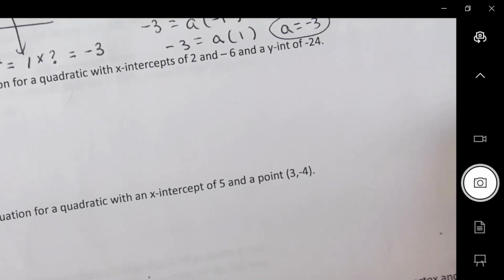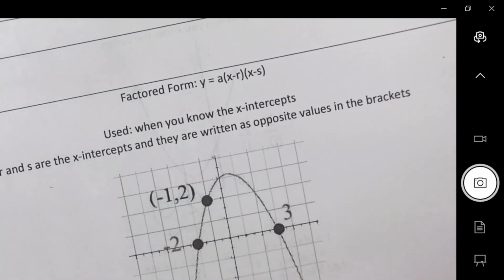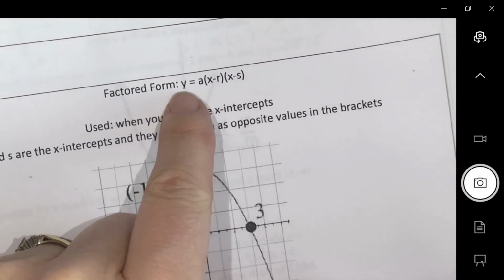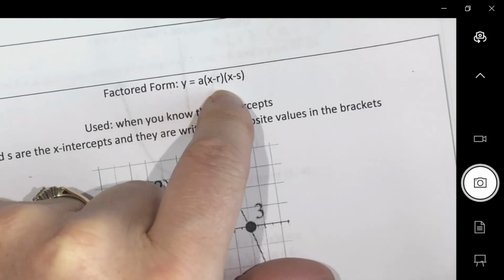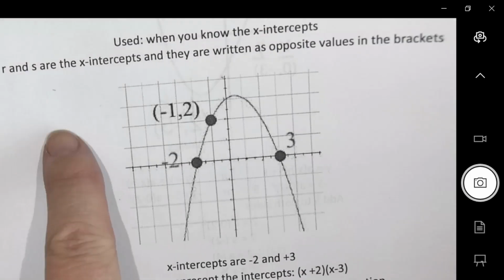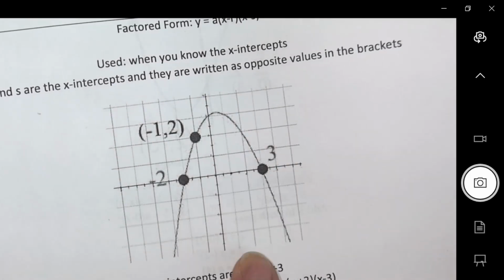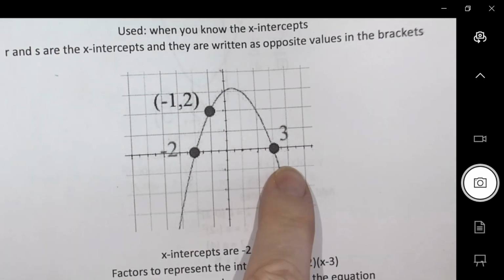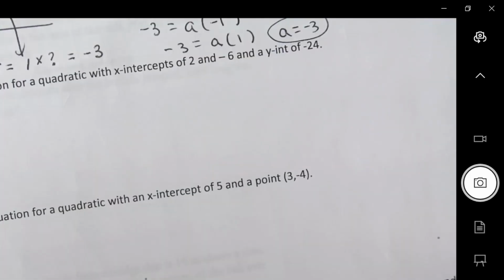Okay, make an equation with x-intercepts at 2 and negative 6. Okay, so this paper that I gave you, this time I'm going to use this format called factored form. It's to use when you know the x-intercepts.